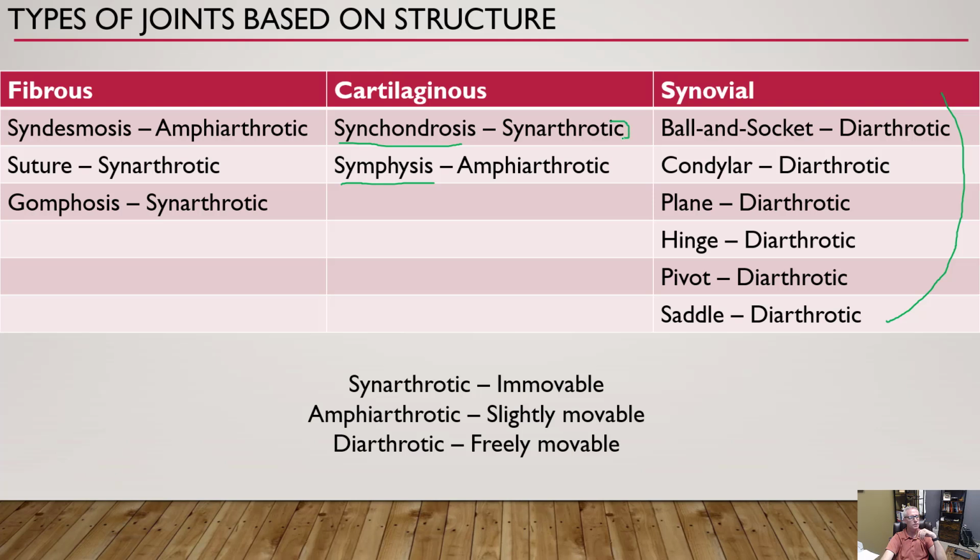Synchondrosis joints are synarthrotic. Symphysis joints are amphiarthrotic. Fibrous joints, we have three classifications: syndesmosis, suture, gomphosis. Syndesmosis are amphiarthrotic. Suture joints are synarthrotic. And gomphosis joints are synarthrotic. Remember, synarthrotic is immovable, amphiarthrotic slightly movable, diarthrotic are freely movable. Again, know this slide.